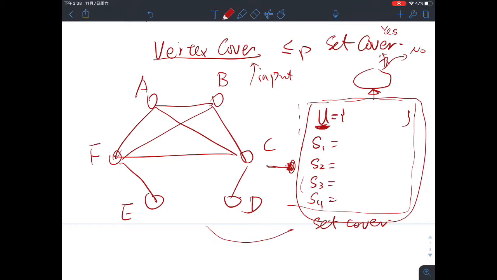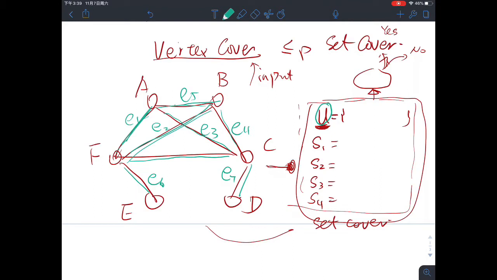So now, how do we determine the universe here, right? We want to cover all the edges here. This is the very high level intuition of the vertex cover problem. Naturally, we want to be able to cover all the edges. So E1, E2, E3, E4, E5, E6, E7. I'm just giving a name to each of the edges, right?